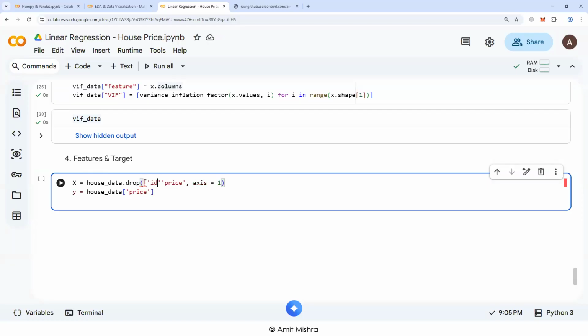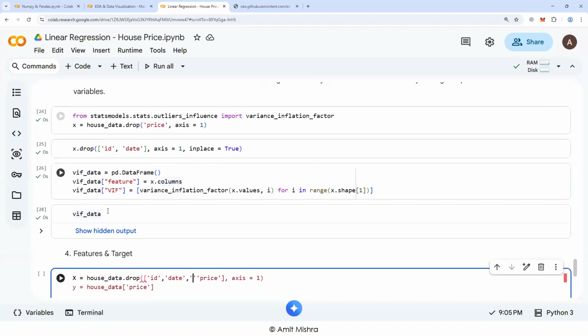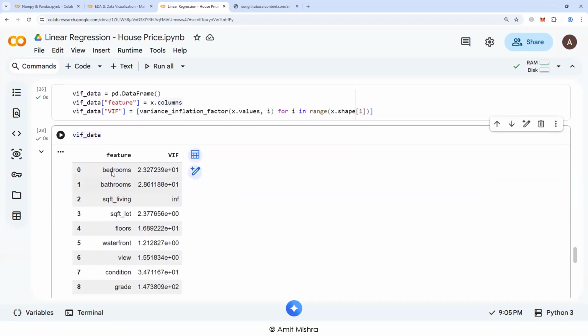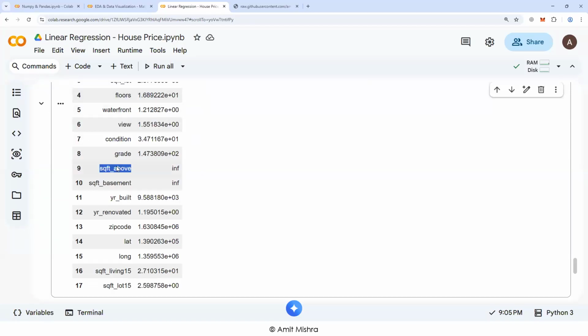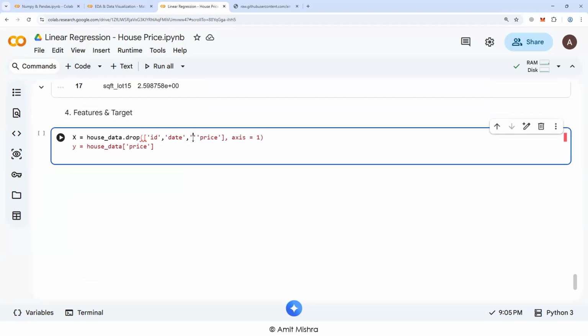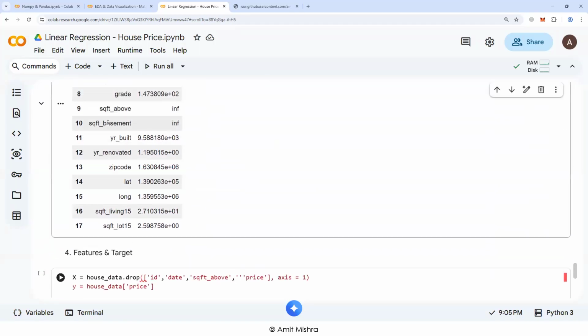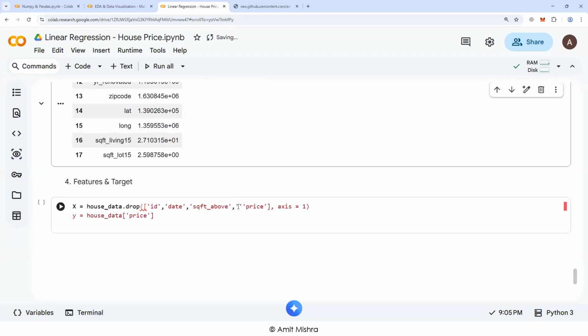From the house data, we have to remove ID, we have to remove the date column, and we have to remove all those high VIF value columns, like square feet above, followed by square feet basement.